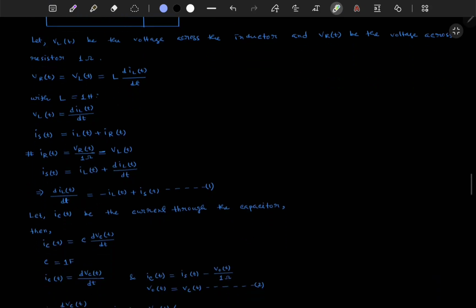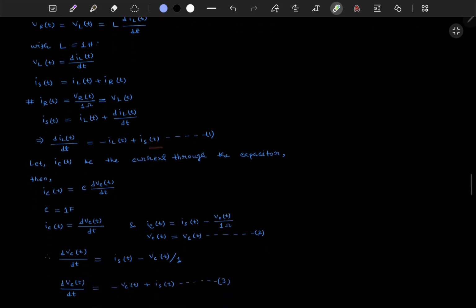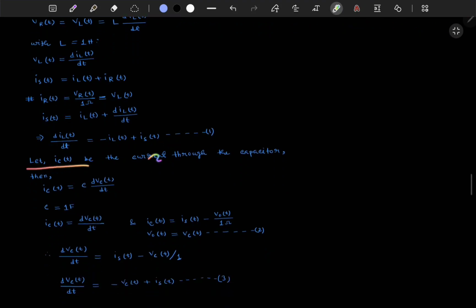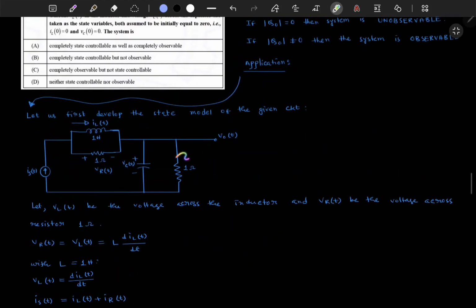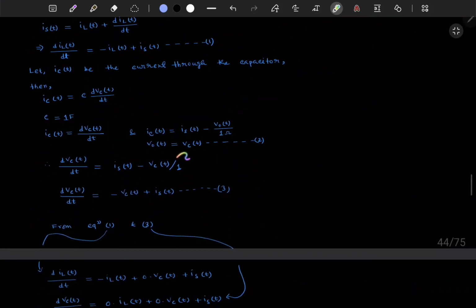Now dILT by dt needs to be on the left side, and minus IL will be on the right side, and IST will also be on the right side. Let ICT be the current through the capacitor. The capacitor current formula is C dVCT by dt, with C equal to 1 farad.